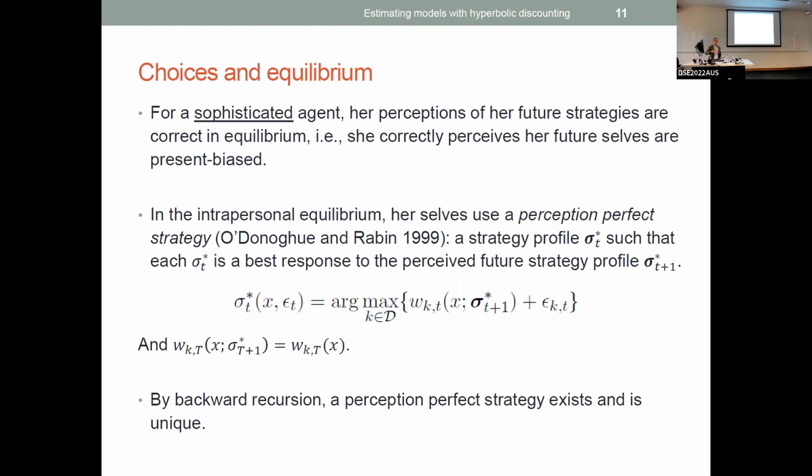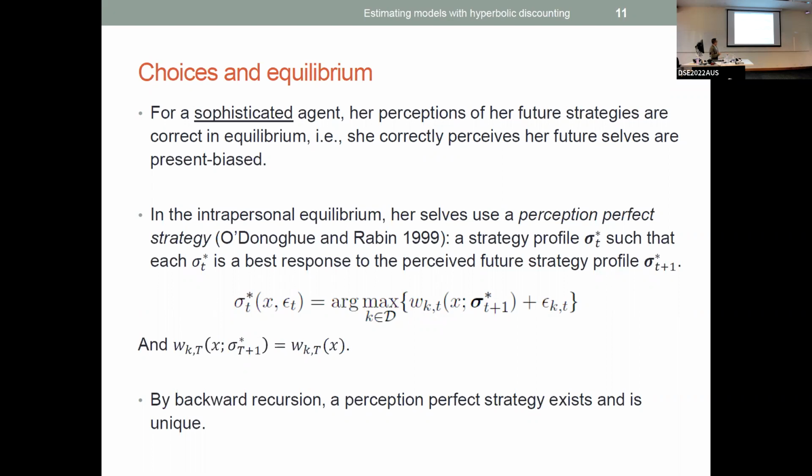So the belief is incorrect. But in those cases, you can still do the backward recursion and obtain these strategy profiles. You also have so-called partially naive individuals, where the current self thinks that the future selves are present biased, but the present bias factor is different from the actual present bias factor. So it is somewhere between a naive agent and a sophisticated agent.